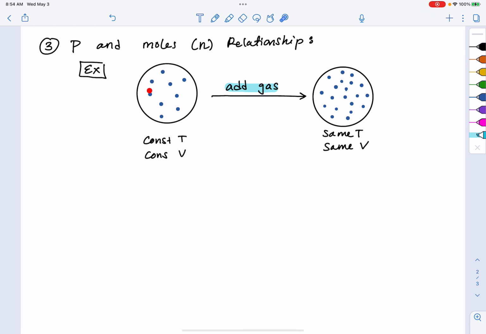We've got a constant temperature. So all of these are moving with the same amount of kinetic energy. They're just now moving amongst a higher density or higher quantity of gas. So as we add gas, we would see more collisions compared to when we had fewer particles of gas. There'd be less collisions.